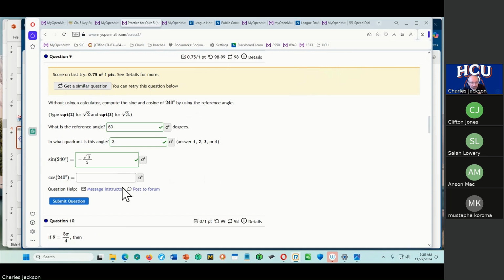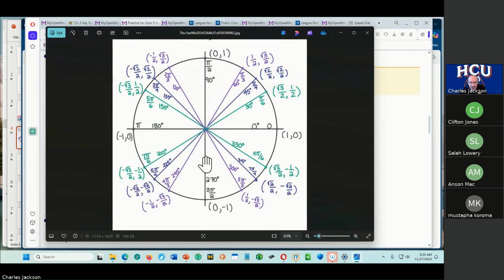Negative 1/2. Cos is the distance to the left of the y-axis, which is negative 1/2. It says right there, for 240.